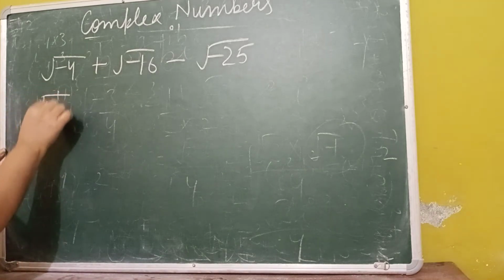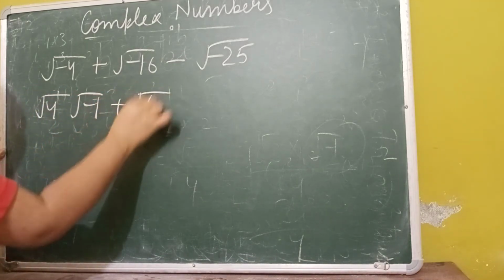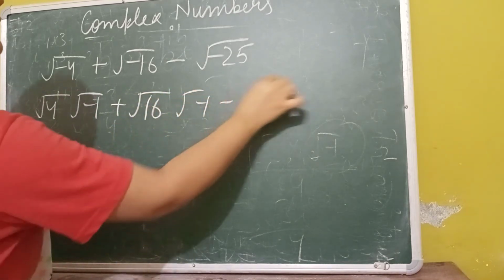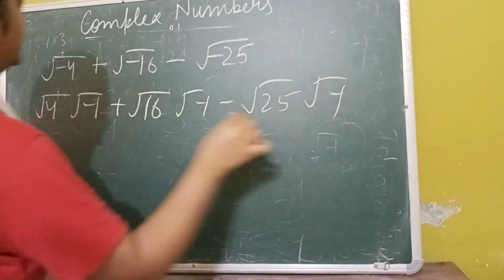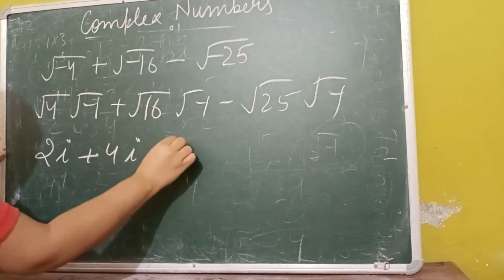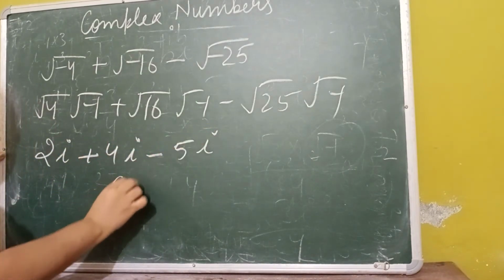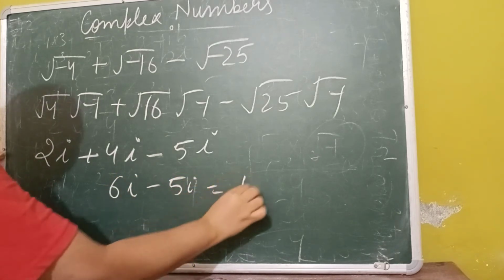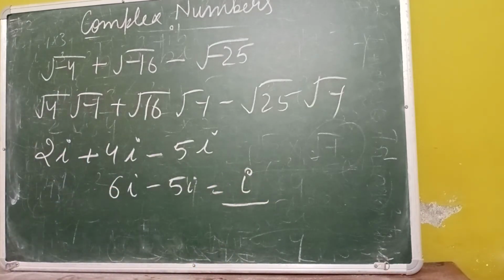So I can write it as square root of 4 into square root of minus 1, square root of 16 into square root of minus 1, square root of 25 into square root of minus 1. So it's 2i plus 4i minus 5i. 6i minus 5i, that means it's i only.